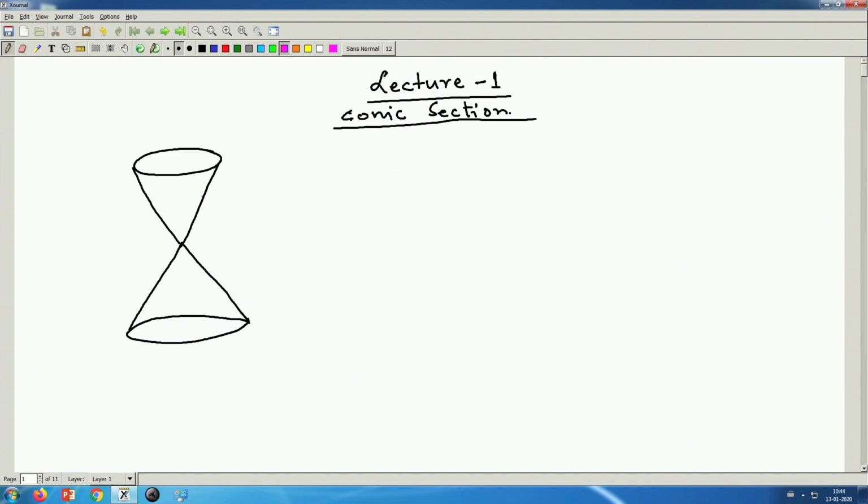If we take a section of this cone, if you pass a horizontal plane which is parallel to the base, basically these are two cones and the base of the cones. So, if we draw a plane parallel to this base of the cone, either here or here, we get a circle, which is very obvious because your base is a circle and therefore this will also be a circle.